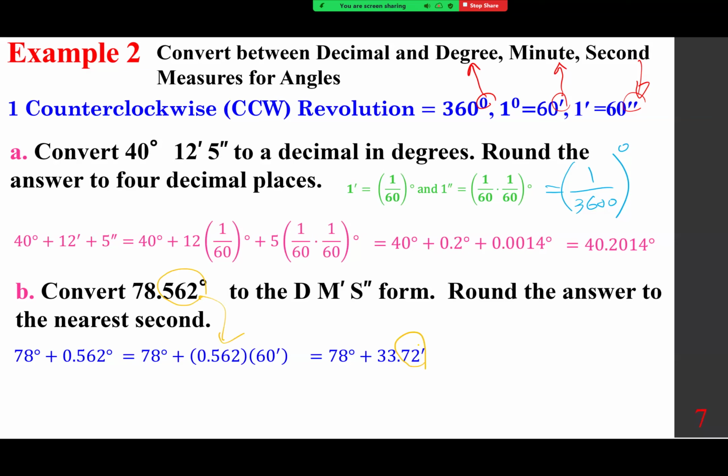How? I'm going to multiply this by 60, because 1 minute is 60 seconds.